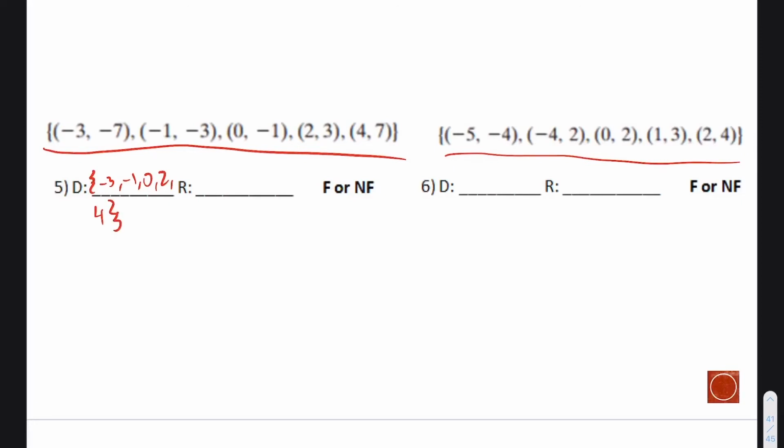Take all of the y's out of the ordered pairs and set them in order from least to greatest. None of the x's repeated, so it's a function.